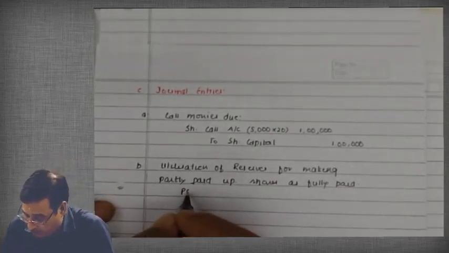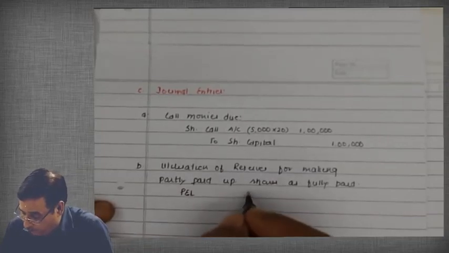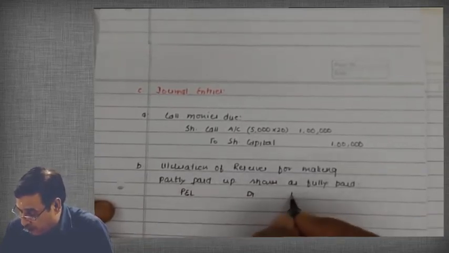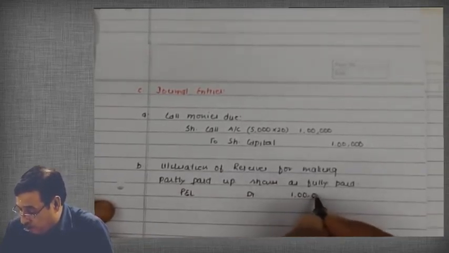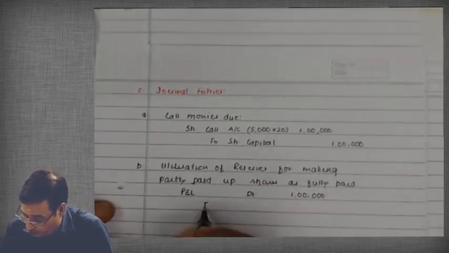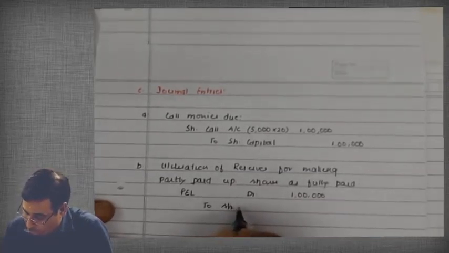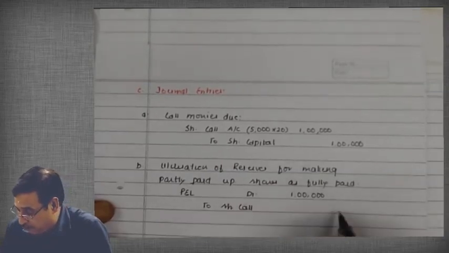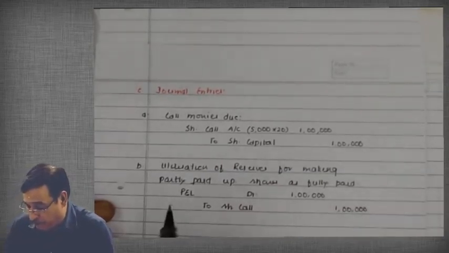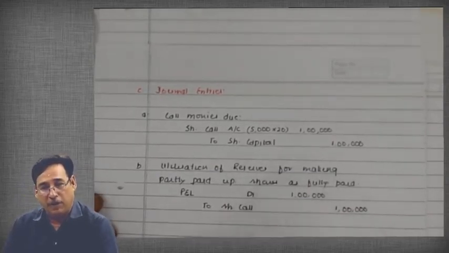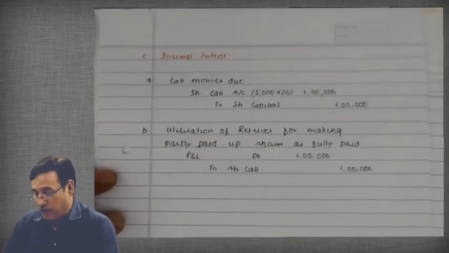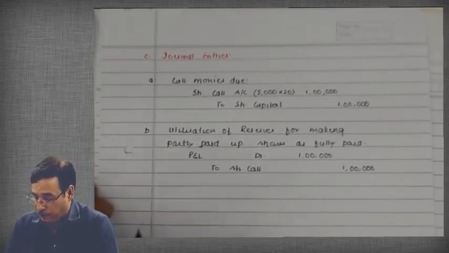I need only 1 lakh. So, profit and loss account debit, that is 1 lakh, to share call account. I could have passed the direct entry also. My direct entry would have been profit and loss account debit to share capital account. So these two entries are related to the first type of bonus issue.